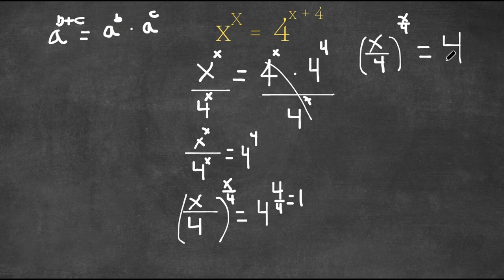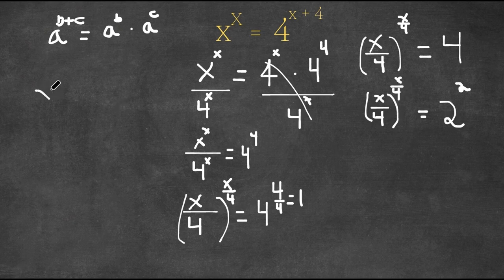Now what we're going to do is change this 4 to 2 to the power of 2. And this is still equal to x over 4 to the power of x over 4. Now, why don't we say that x over 4 is a? So we're going to set x over 4 equal to the variable a. And we're going to set 2 equal to the variable b.